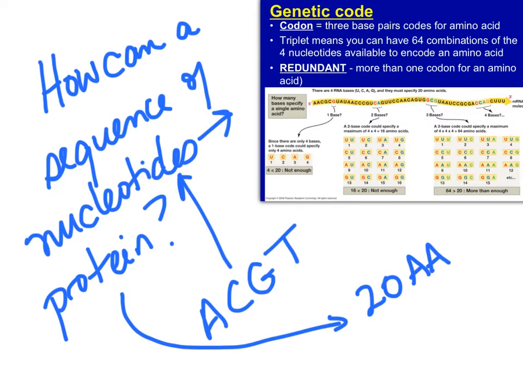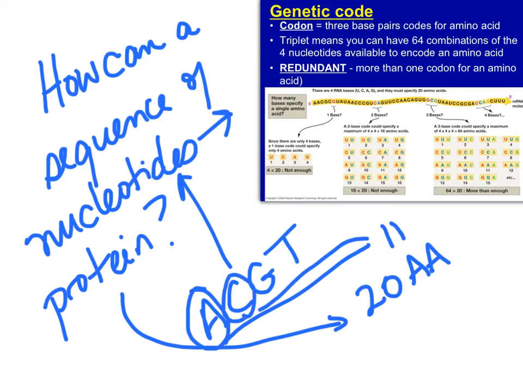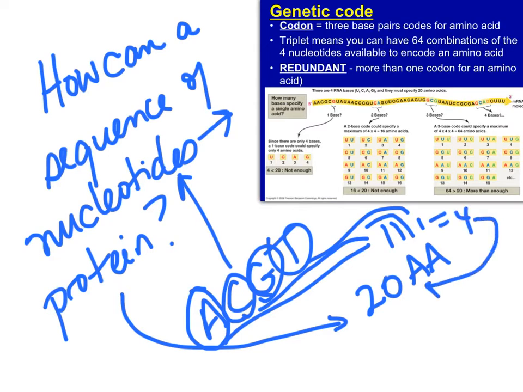If each nucleotide coded for one amino acid, say A coded for 1, C coded for 1 more, that gives you 2, G encodes for 1 more, that gives you 3, and T. Well, if each nucleotide encoded for an amino acid, that would only give you 4 amino acids, so that can't work, because we know we need to make at least 20.